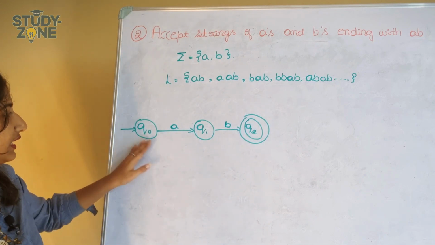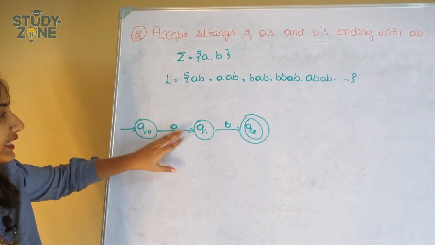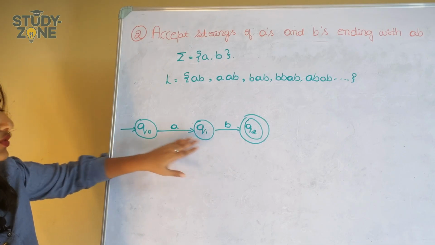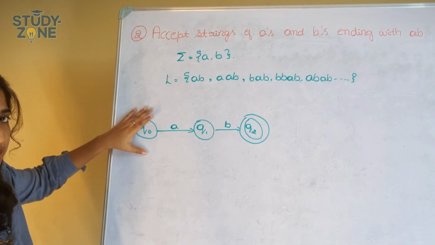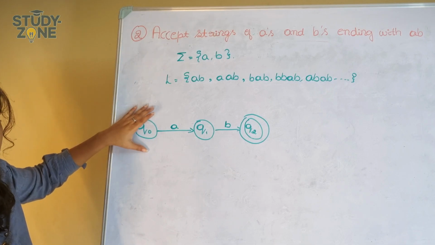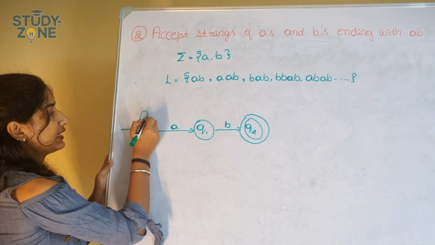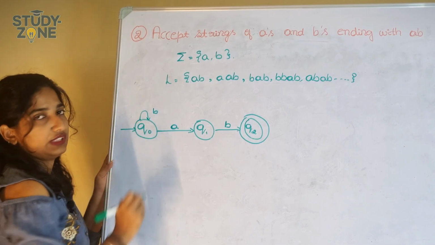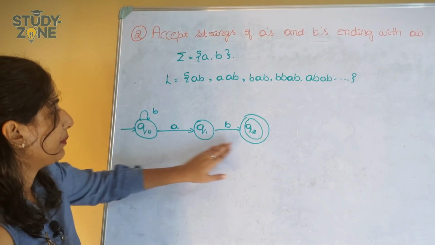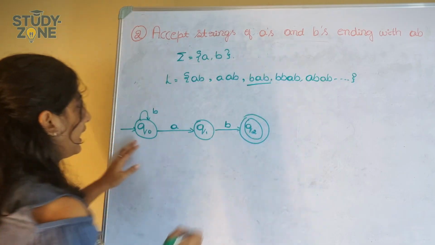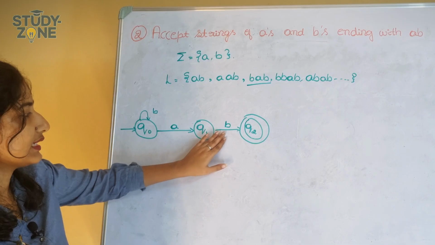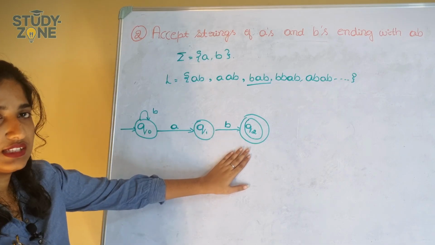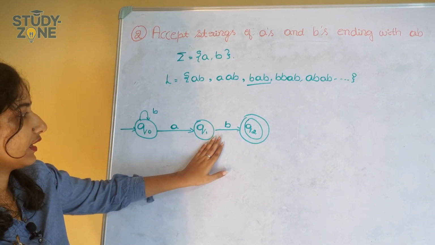So now for Q0, if it gets A, it is moving to the next state. What will happen if it gets B here? If it gets B here, same as the previous problem, it should stay in the state Q0 only. So if it gets BAB, it is like this. And here if it gets B, it is there in Q2.